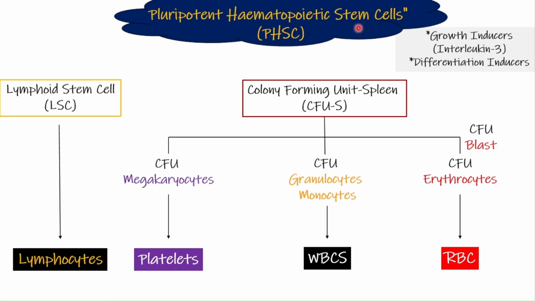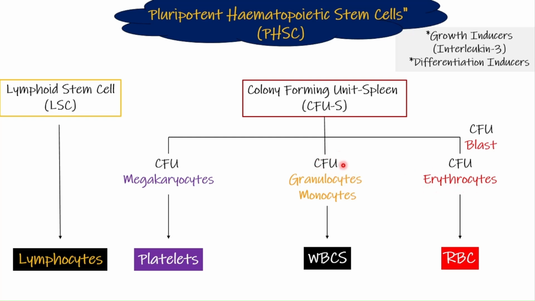So pluripotent hematopoietic stem cells are converted into colony-forming unit spleen, and then colony-forming unit spleen will be differentiated into a further 3 types of colony-forming units. One colony-forming unit will give rise to platelets. The other will give rise to WBCs, and the third will give rise to red blood cells. The colony-forming unit which is giving rise to red blood cells is known as colony-forming unit erythrocytes.